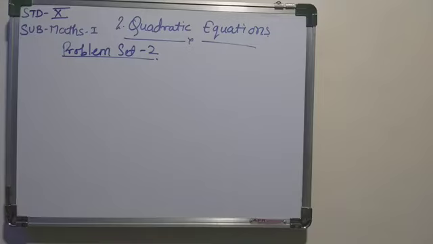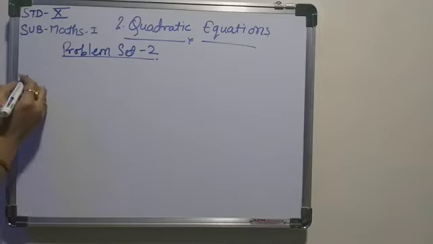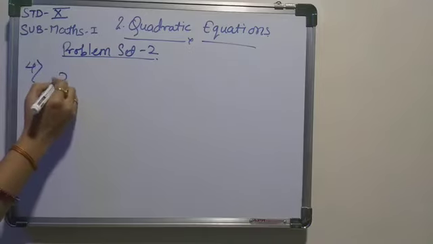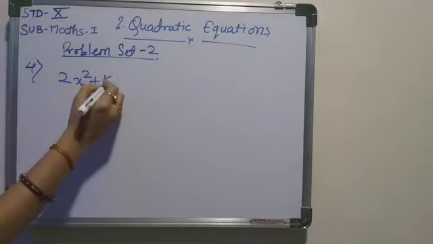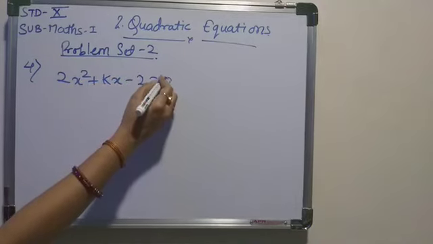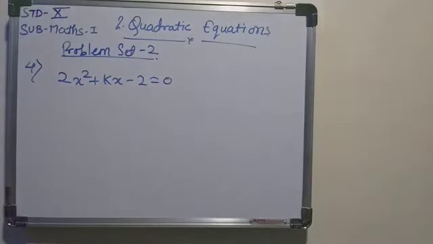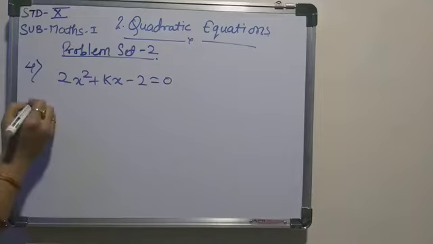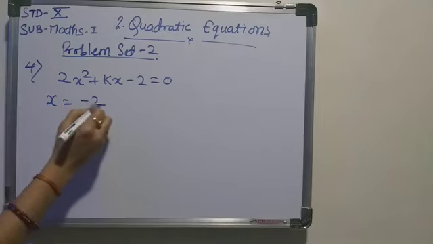In question number 4 they have given: if one root of the quadratic equation is 2, find the value of k. The quadratic equation is 2x square plus kx minus 2 equals 0, and one root is given, so your x value is minus 2.